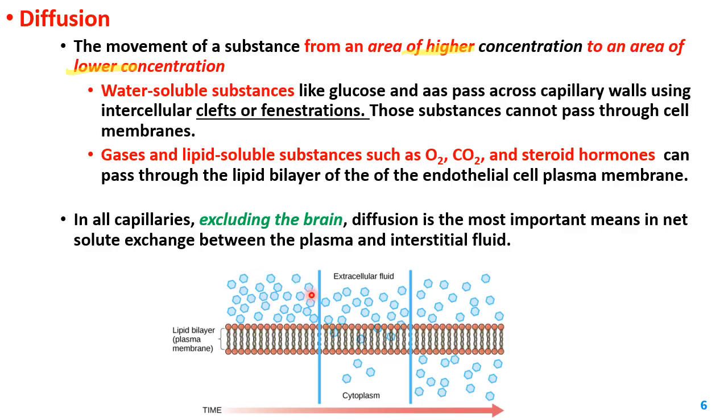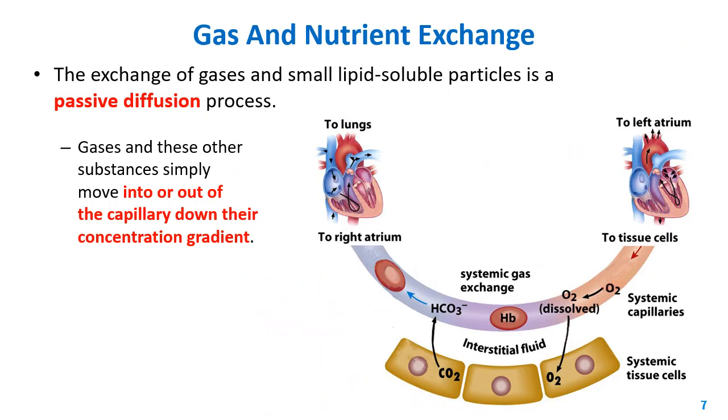And then this thing goes through diffusion to an area of lower concentration, up to the point that you're going to have equal concentration on both sides. And that takes time. Once you have equal concentration on both sides, then of course diffusion is going to stop. If you don't have a gradient, you don't have diffusion force. Okay.